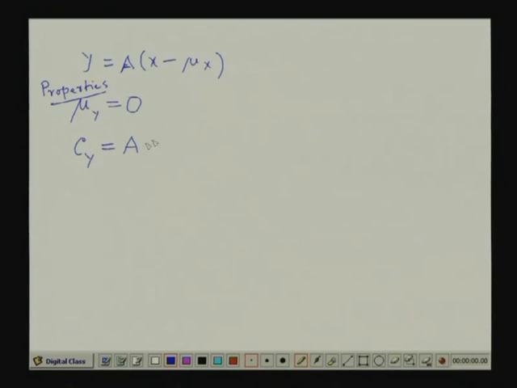The relationship is that Cy is given by A Cx A transpose. Not only that, this covariance matrix Cy is a diagonal matrix whose elements along the main diagonal are the eigenvalues of Cx.